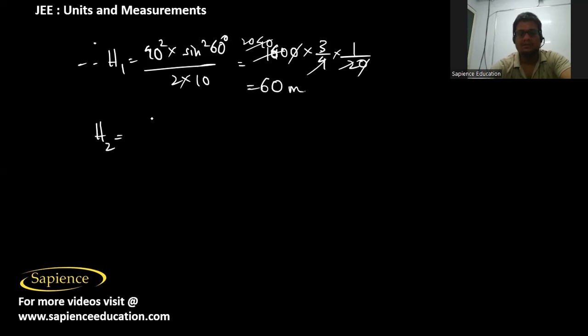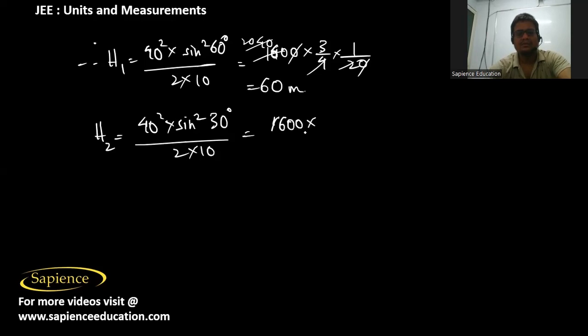And maximum height for second body, that is u square sine square 30 degree divided by 2g. So this will be 1600 into 1 by 4 into 1 by 20. So 400 by 20, that is equal to 20 meter.